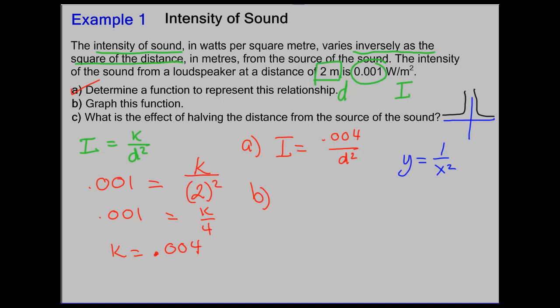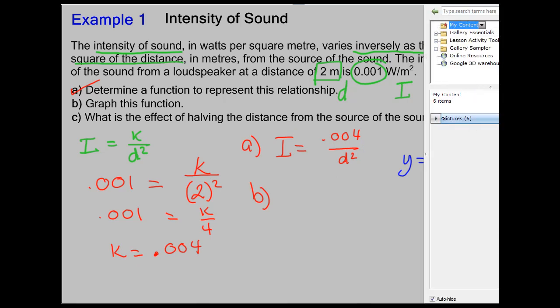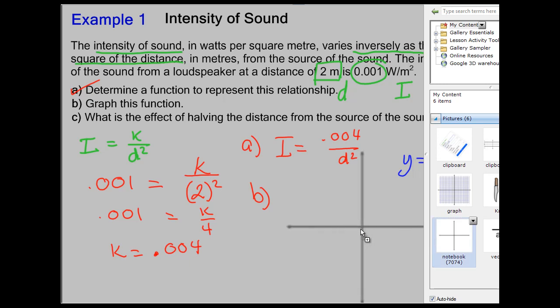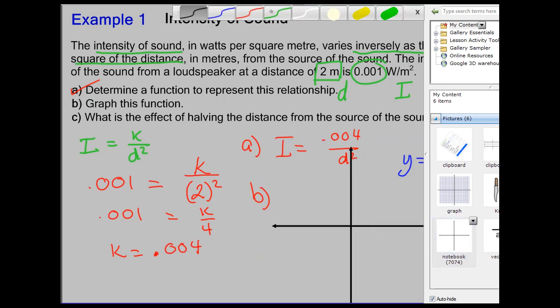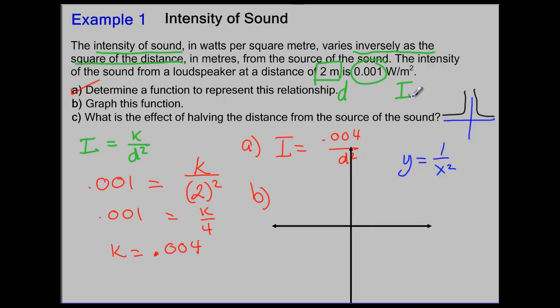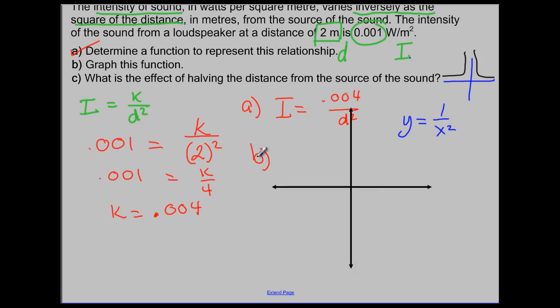To plot this, as we've been doing in other lessons, we would work through all of those characteristics. I'd determine the x-intercept. The x-intercept doesn't exist, which means there is a horizontal asymptote located at y equals 0. Then I'd look at the vertical asymptote.